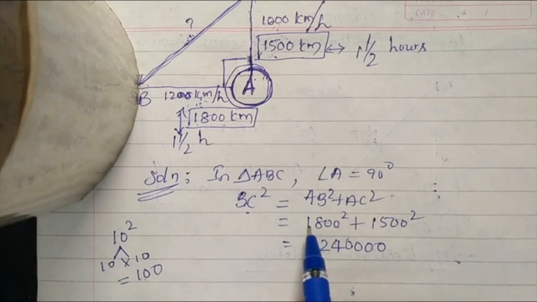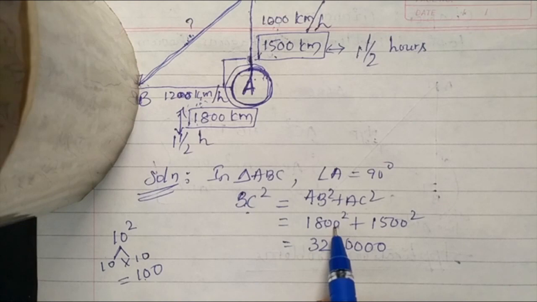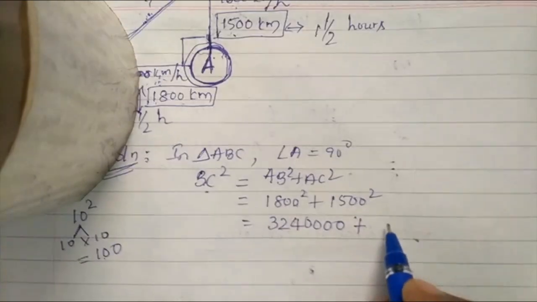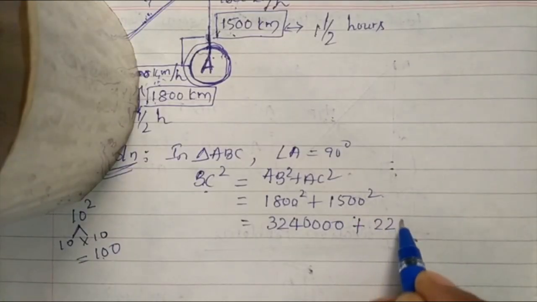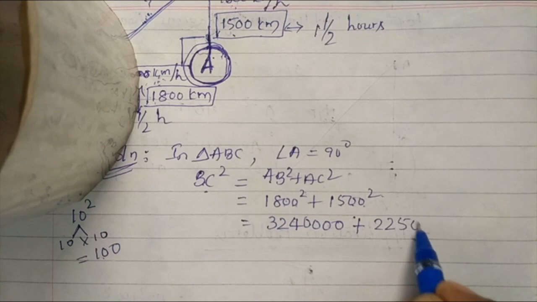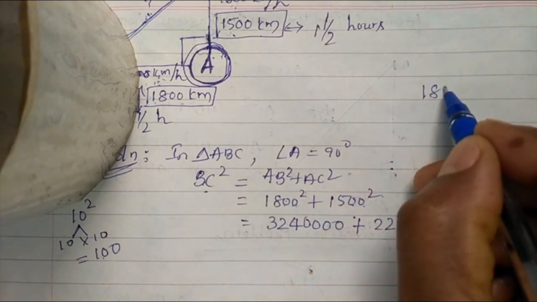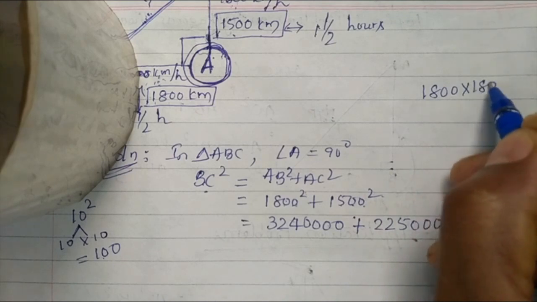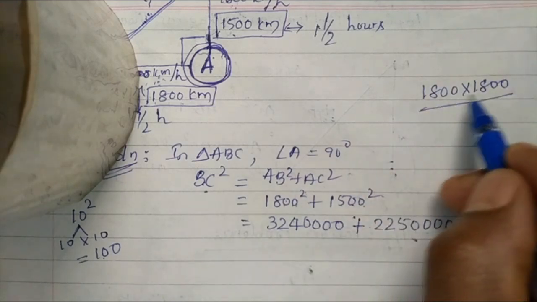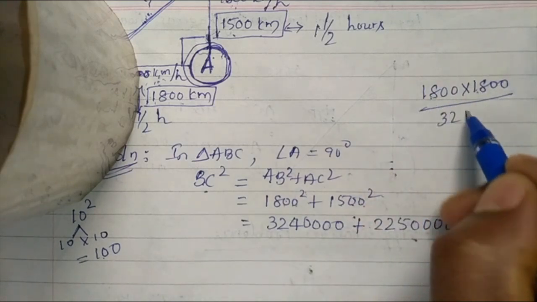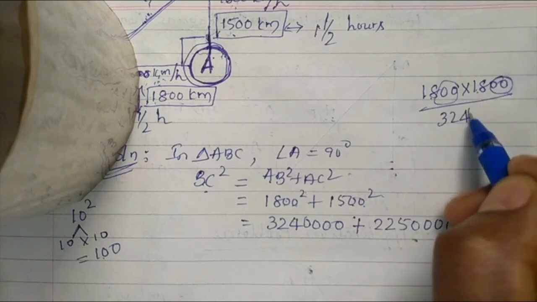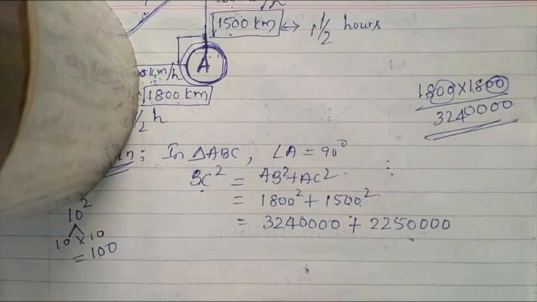Similarly 18 square is 324; before squaring 2 zeros, after squaring it becomes double, so 2 zeros become 4 zeros. Similarly here 15 square is 225, and double zero squared becomes 4 zeros. Or you can find it by multiplying: 18 into 18 is 324. Look here, 2 zeros become 4 zeros.